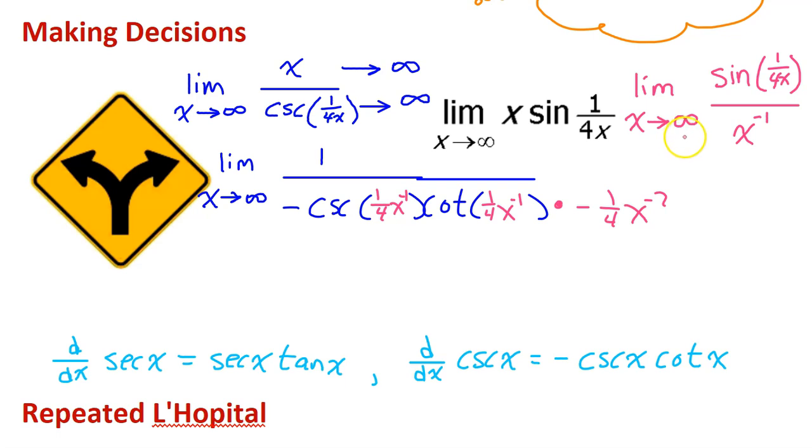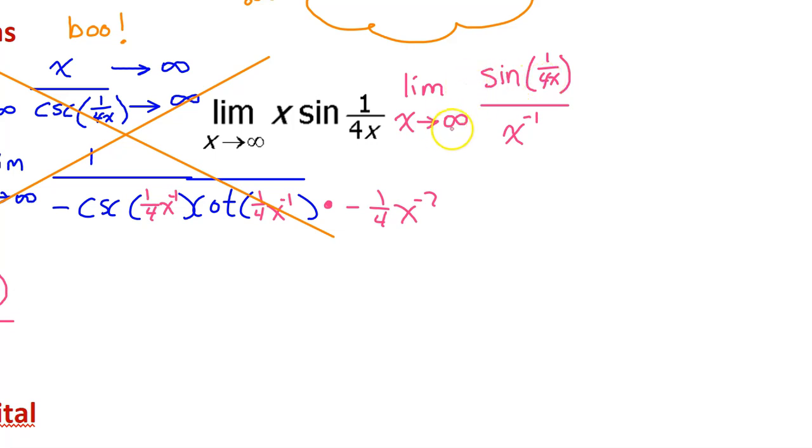So let's jump over and see if the red one would work out any easier. First of all, as x approaches infinity, the fraction on the inside is approaching 0, and the sine of 0 is 0. So the numerator is approaching 0. What about the denominator? x to the negative 1 power is 1 over x.